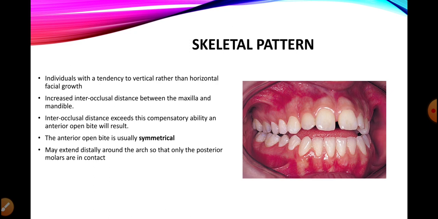The interocclusal distance increases, which is to some extent compensated by the extrusion of the teeth, by the extrusion of the buccal segments and the labial segments. But if this interocclusal distance exceeds this compensatory ability of the dentition, if it increases even more, then there is a tendency for the establishment of an open bite.